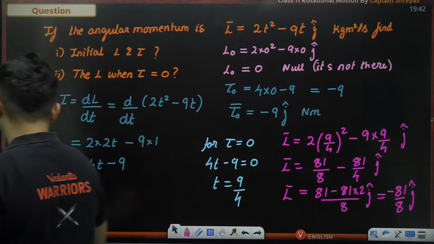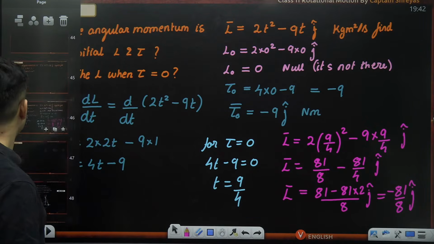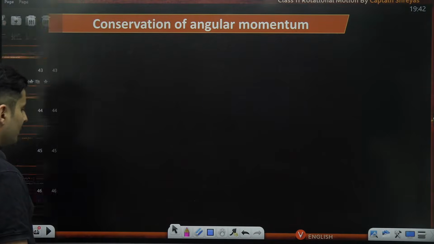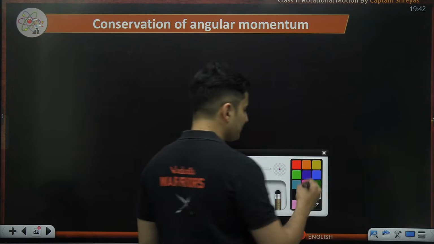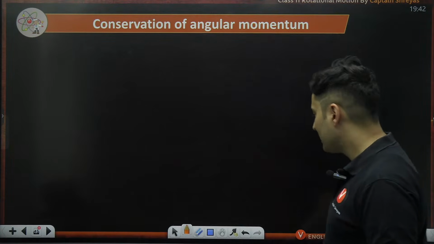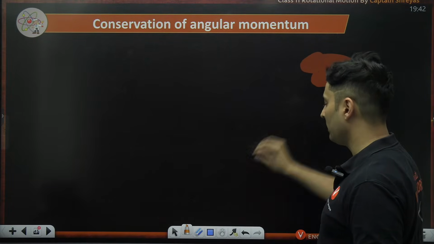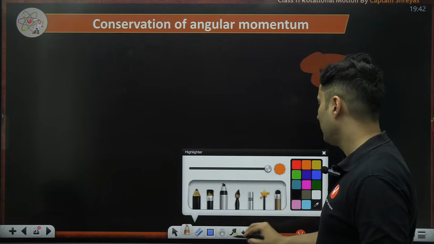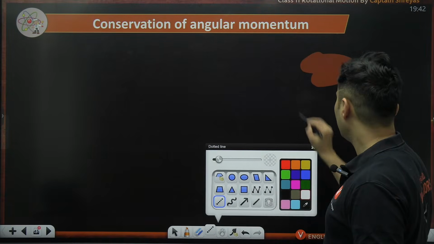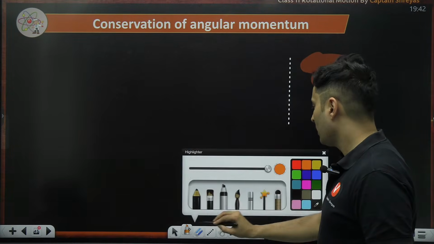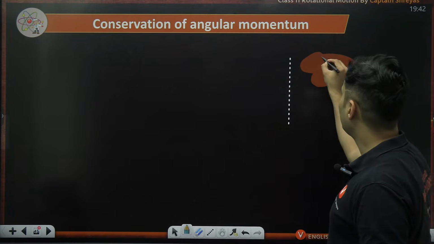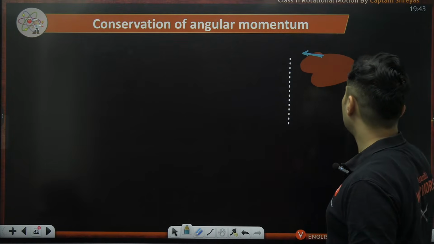All right. Okay. Now let's do conservation of angular momentum. Now imagine there is some body or bodies or whatever, and there is some random axis. Maybe there are some forces acting on that body.